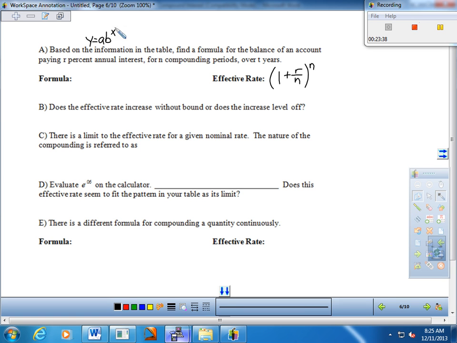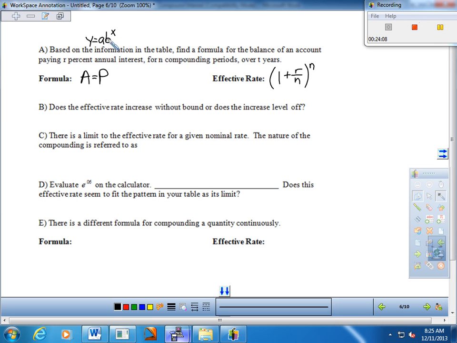Because remember, compound interest is just a very particular type of exponential growth. So the formula is the dependent variable, which is the balance. Typically you see it as a, maybe kind of the amount. Little a right here, of course, is the initial value. In the compound interest formula, it's P for principal. So you're going to see P here, the principal.